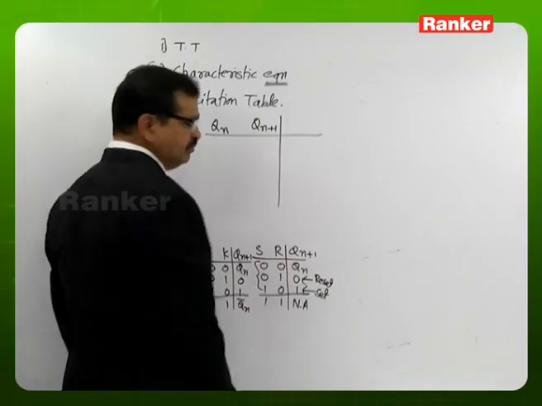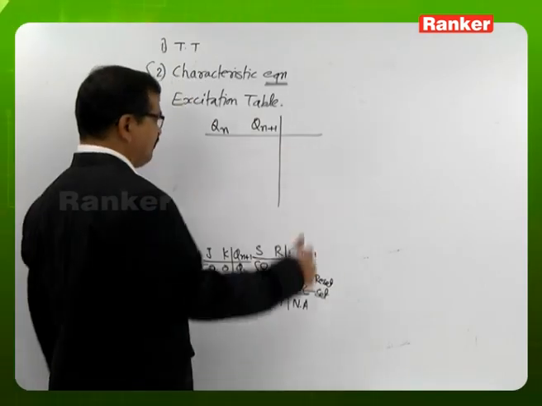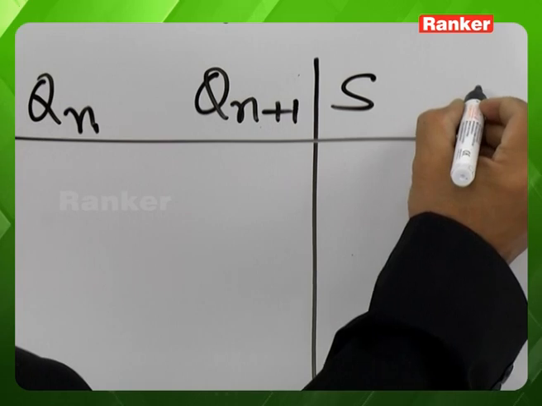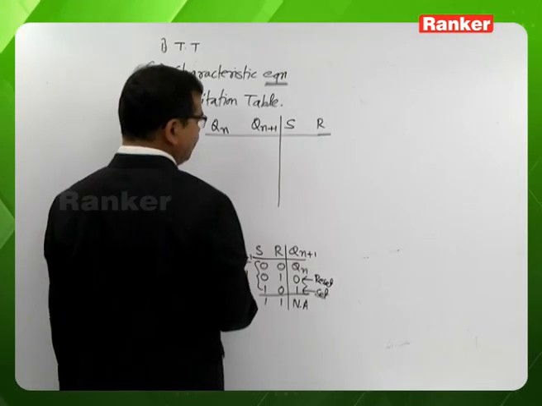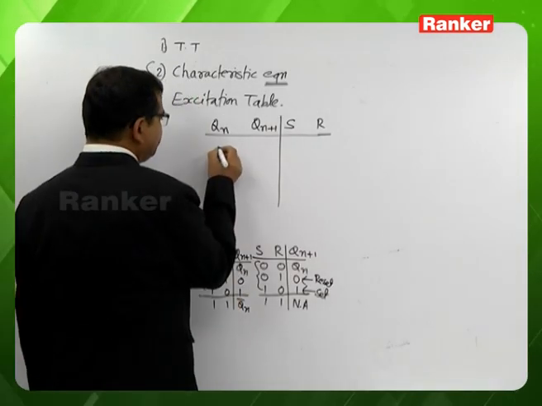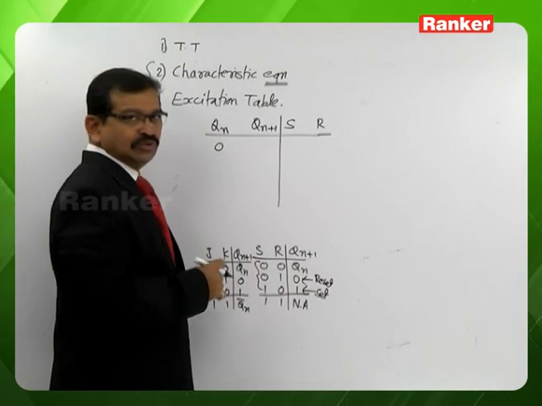Let us try to develop the excitation table first for the SR flip-flop. So we need to recognize what must be the S and R inputs. If you look here, the present state may be 0.